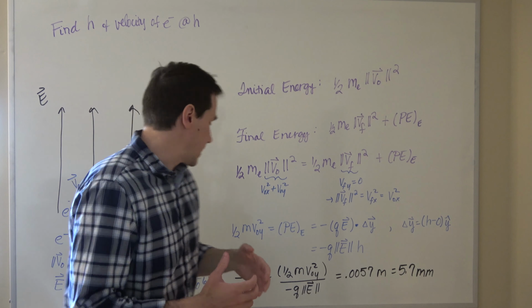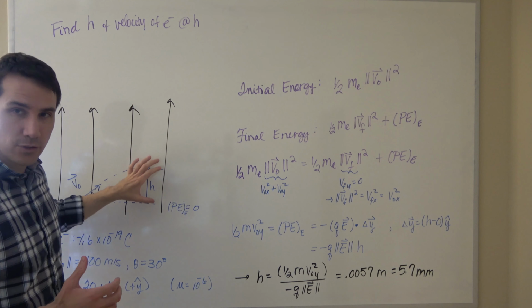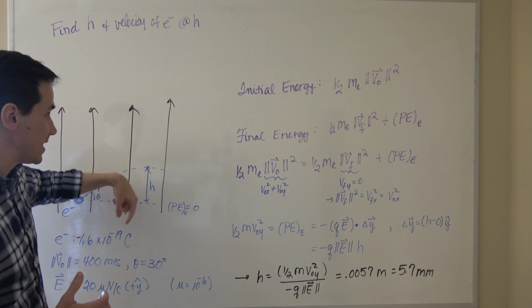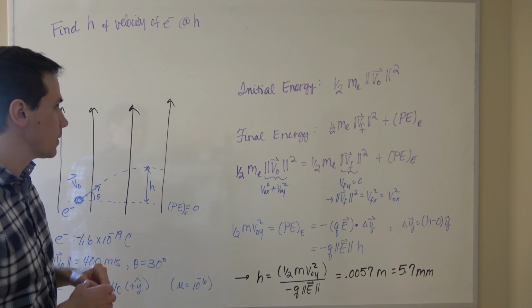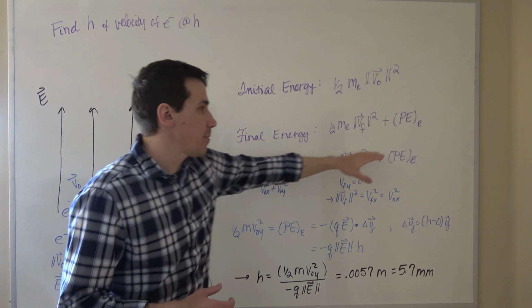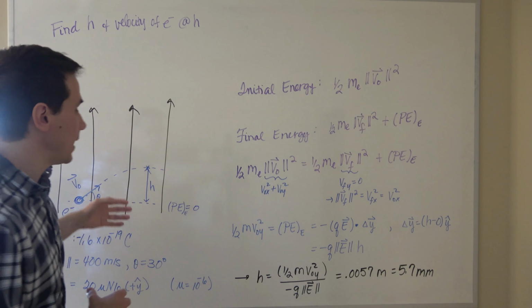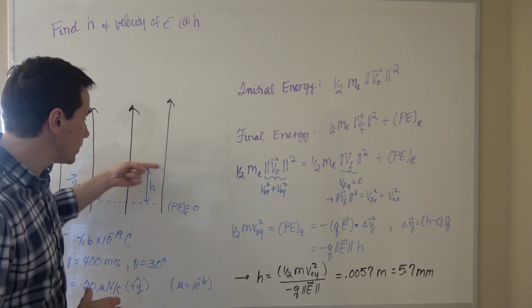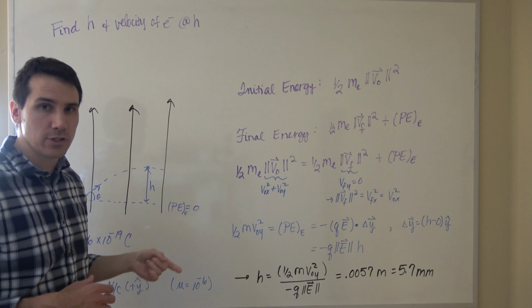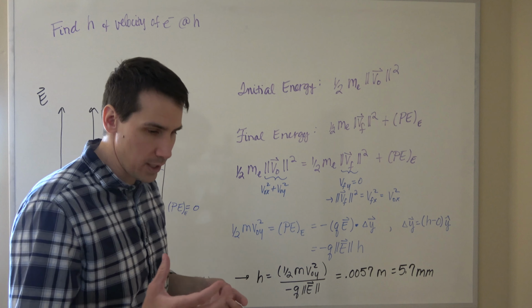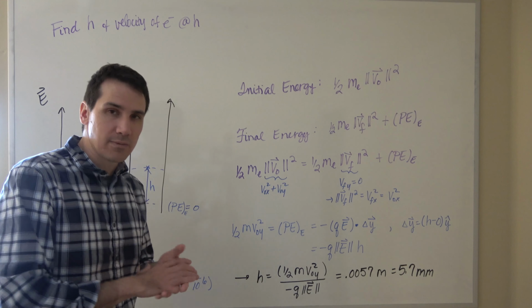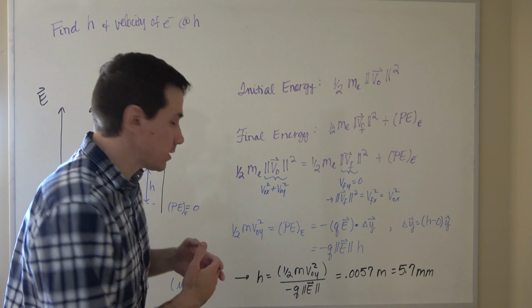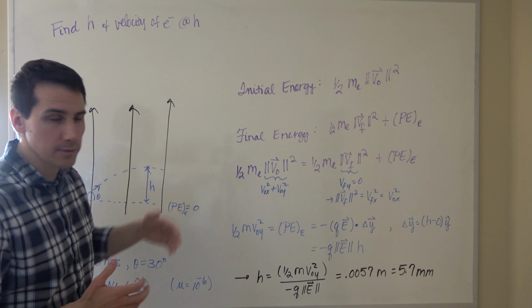In the final state, it has some amount of potential energy because it has moved against the electric force, which again points down here because it's a negative charge. So it has gained some amount of potential energy, and it still has some amount of velocity. That velocity is only going to be in the x direction, however. Remember, when a particle is at its maximum height, it is moving only in the x direction here.